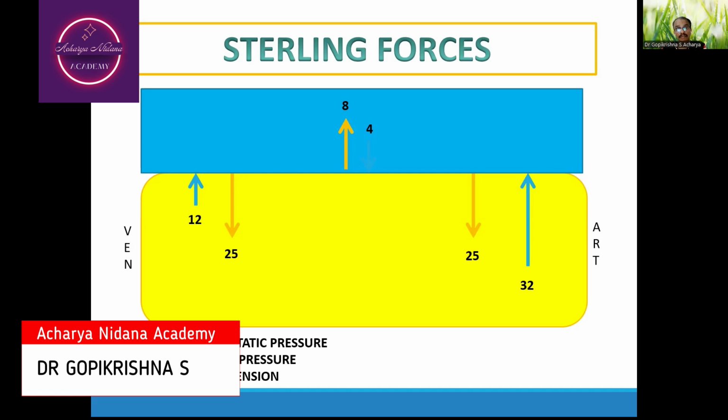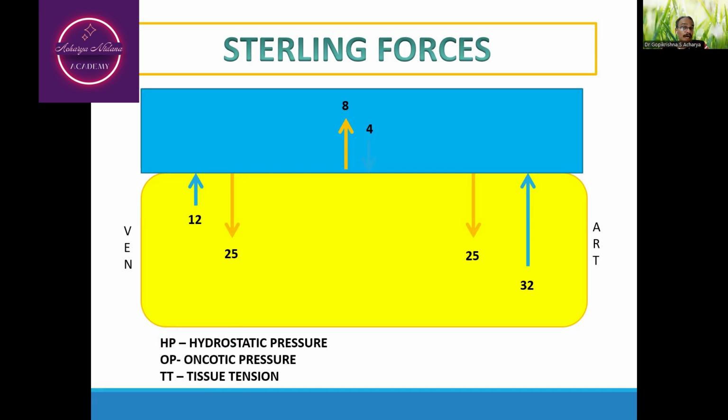When the blood pressure at the heart is around 120 by 80 millimeter of mercury, the hydrostatic pressure at the arterial end of the capillary will be 32 millimeter of mercury, whereas the hydrostatic pressure at the venous end will be around 12 millimeter of mercury.